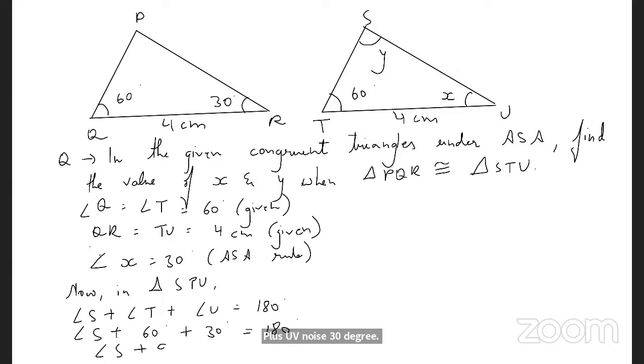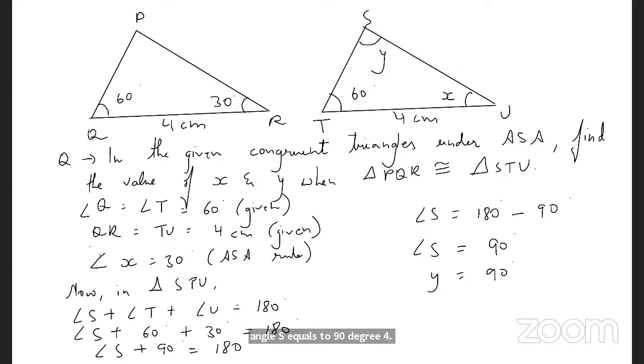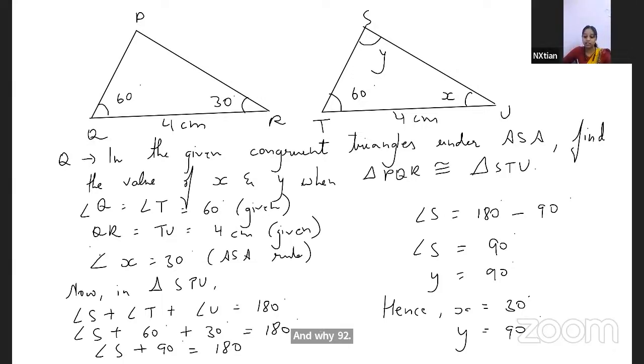Angle S plus 90 degree equals 180. Then angle S equals 180 degree minus 90 degree. Angle S equals 90 degree, or Y equals 90 degree. So hence we will have X 30 degree and Y 90 degree. Hope this question is clear to all.